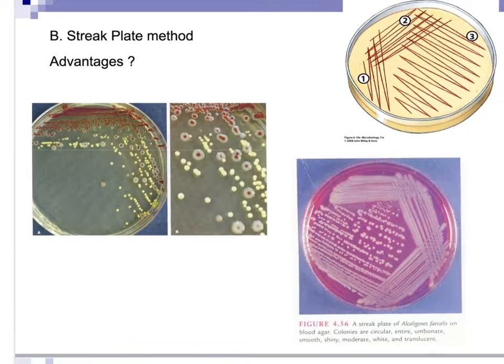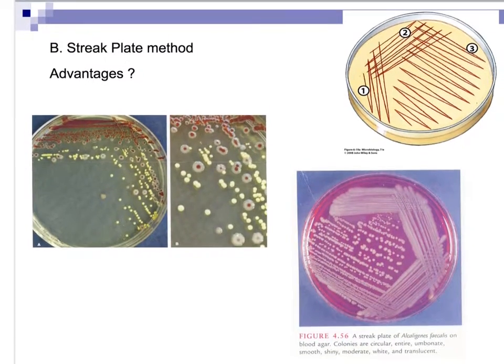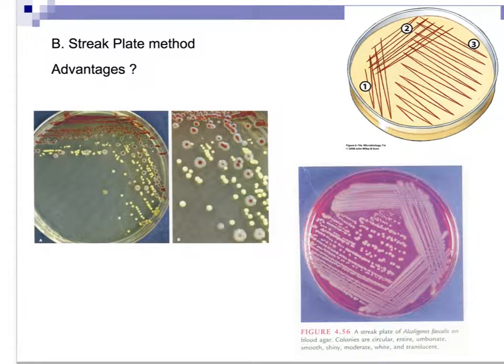Now one method that we will use after this week, almost every day in lab, is called streak plate. The idea is that you take your sterile loop, you flame it or incinerate it, and then you make an S on the plate.